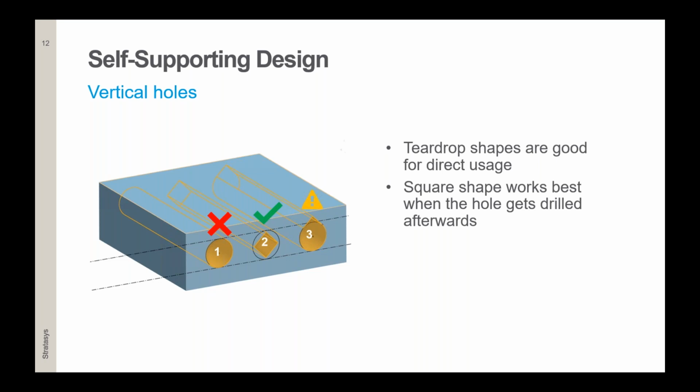The second one is square, or as we call it, a diamond shape. It can be used when the hole will be drilled afterwards. It has better guidance than a teardrop shape and needs to be undersized by about 10% for drilling later.